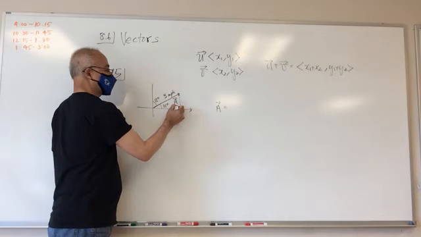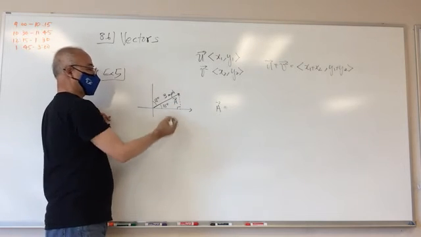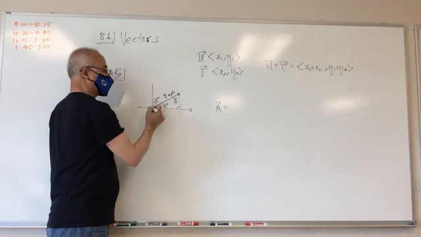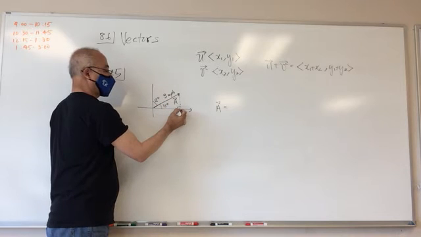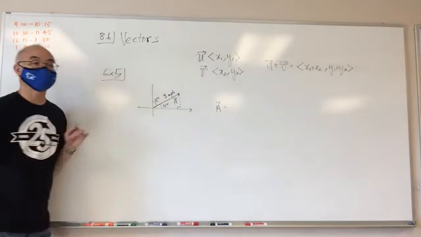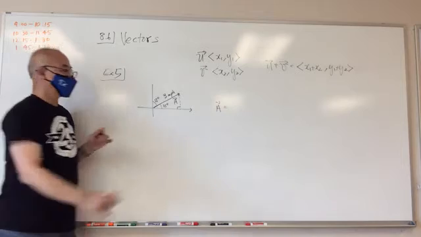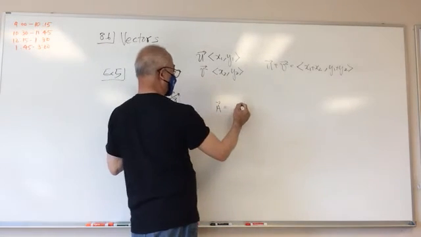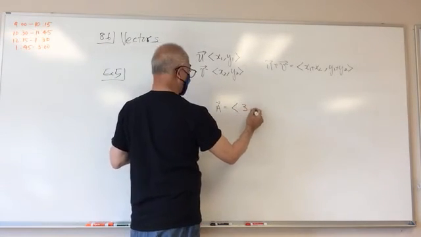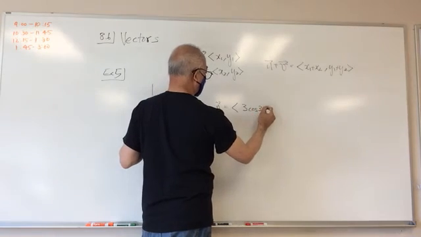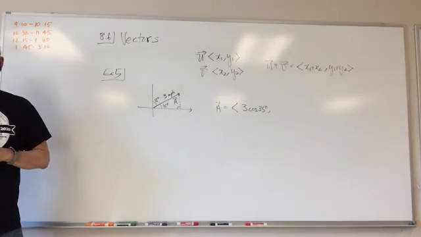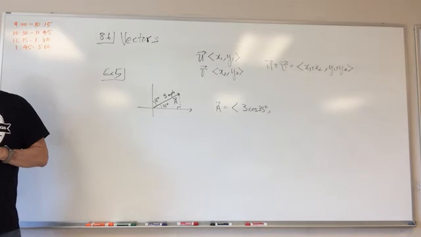I want to know the x component of this vector, because this vector is basically the x direction plus the y direction. So the x direction is what? Anybody see it would be 3 times the cosine of 35?